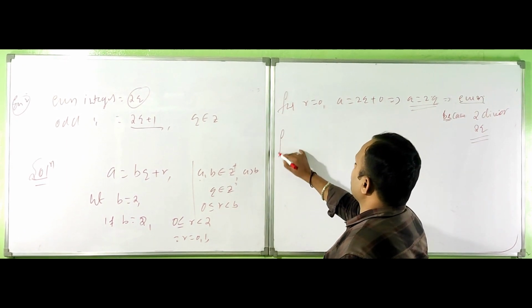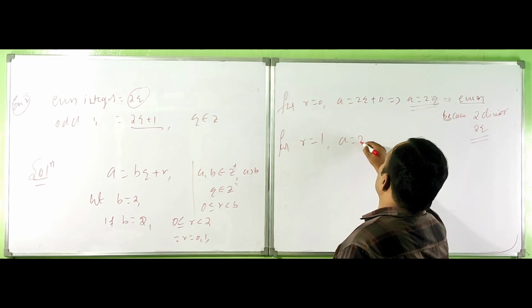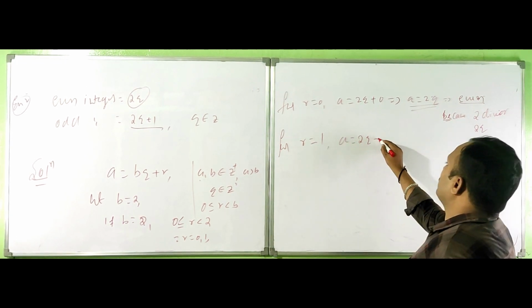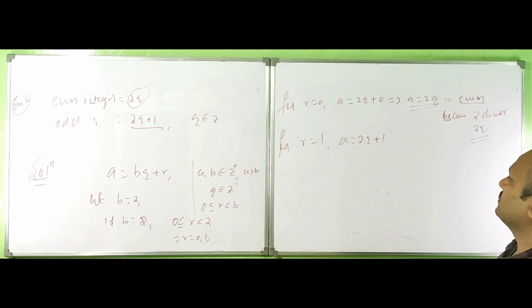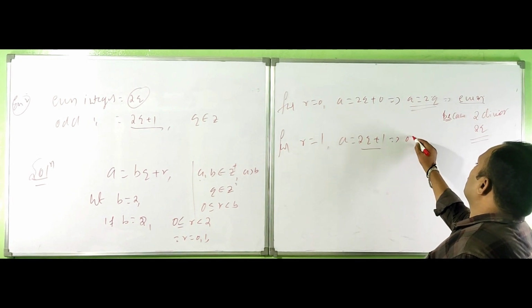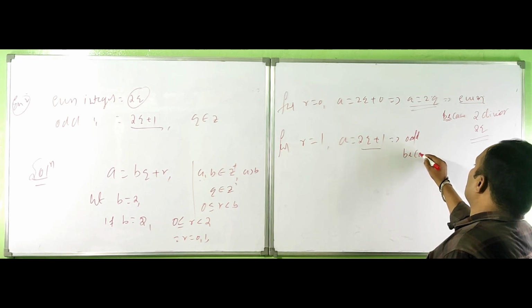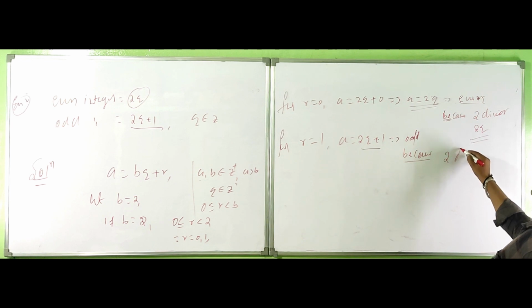For r is equal to 1, a becomes 2q plus 1. Therefore, this is odd, because 2 does not divide 2q plus 1.